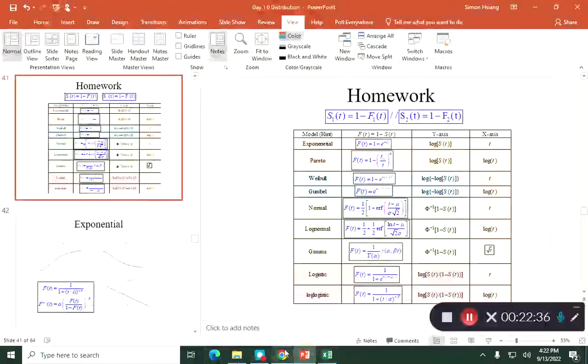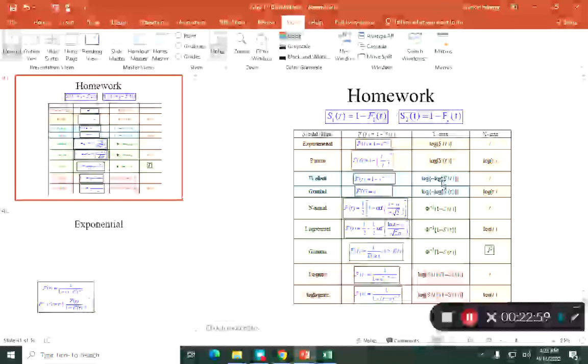Okay, so going back, look at Weibull and exponential. They're almost the same, except that you have that k component on the top. So when you plot this, rather than plot log St, you need to log again. Why you need to log again?